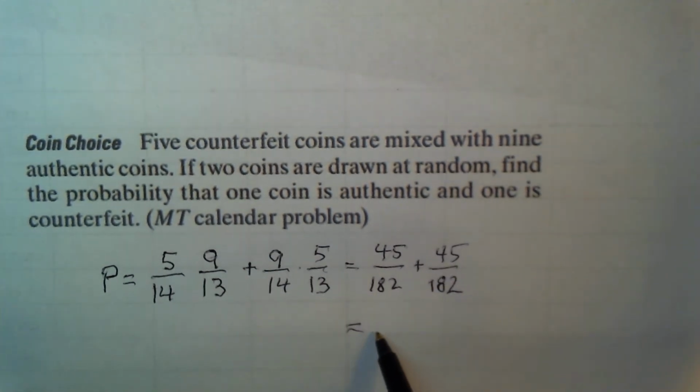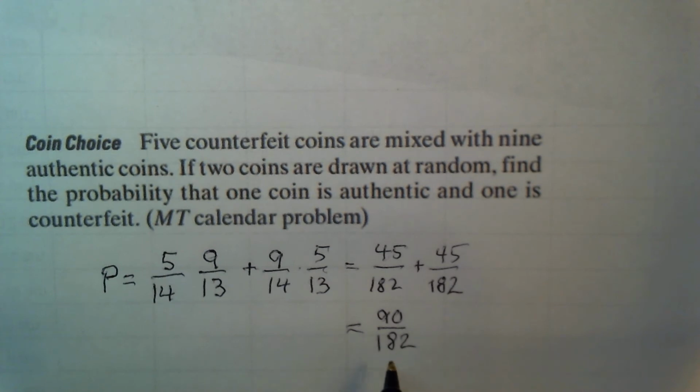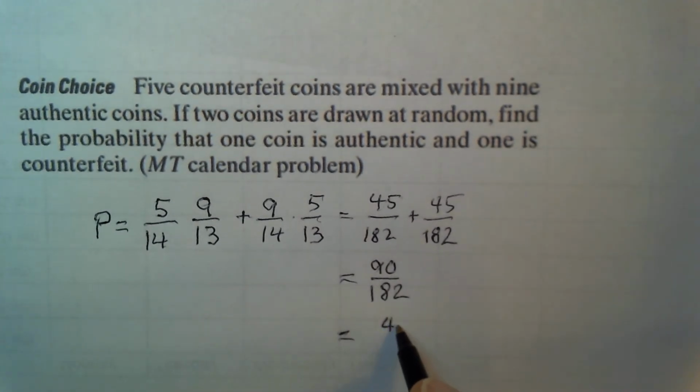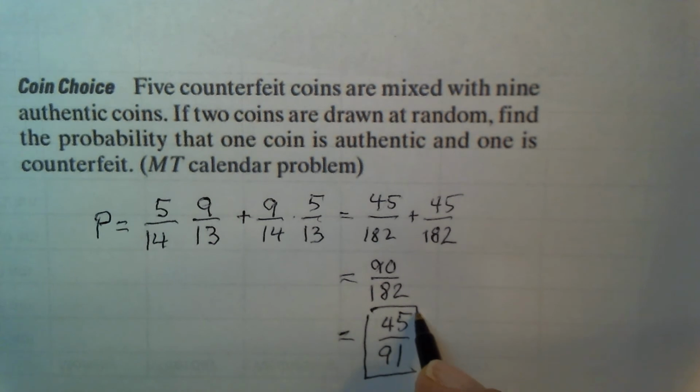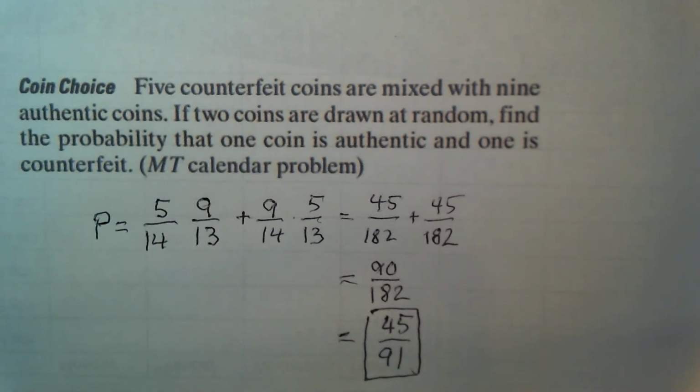So it would be 90 divided by 182. And we can reduce that fraction to 45 divided by 91. So that's our final answer for this problem.